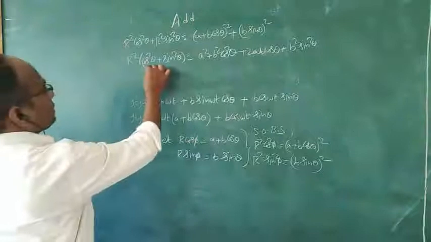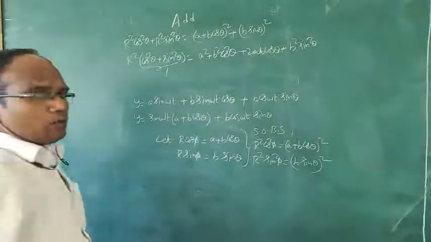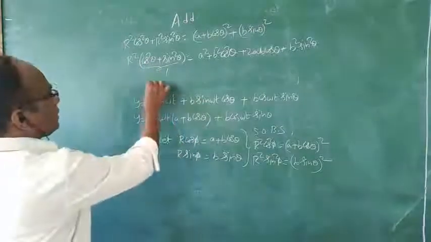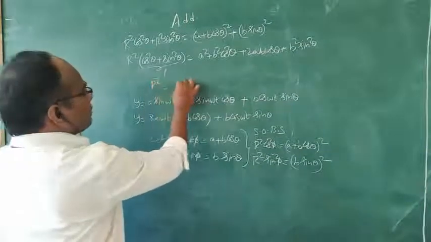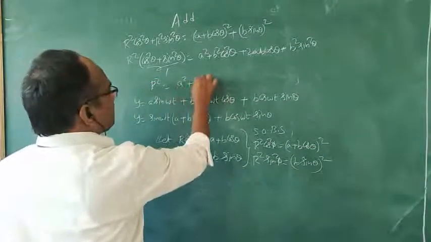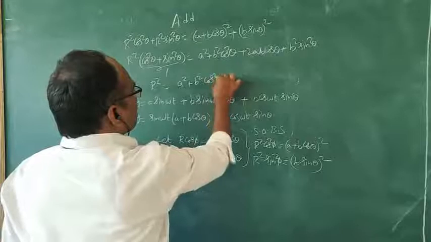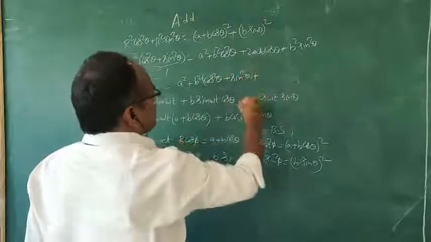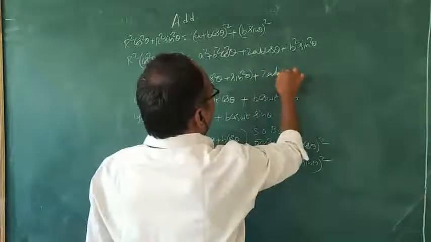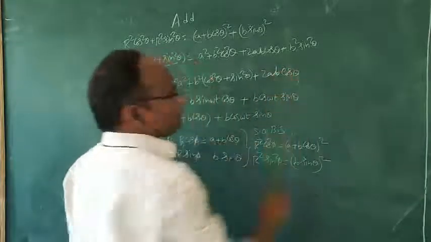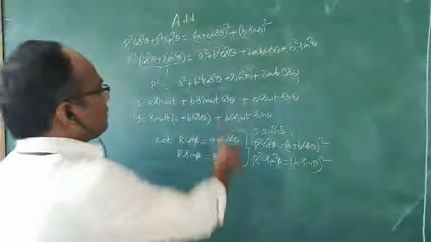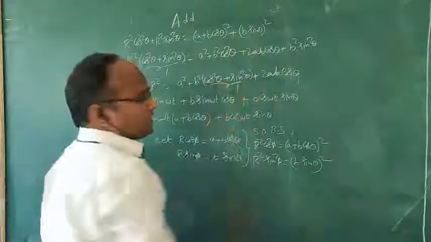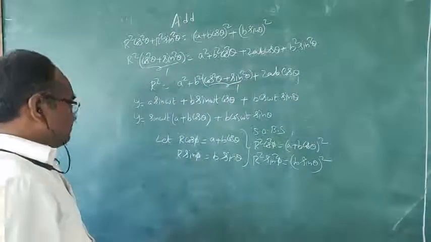Here cos square theta plus sin square theta is equal to 1. So what should I write? r square is equal to a square plus b square into cos square theta plus sin square theta, plus 2ab cos theta. Here cos square theta plus sin square theta is 1.